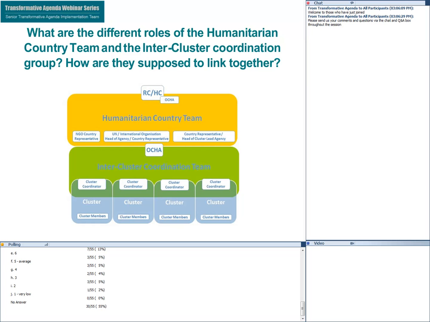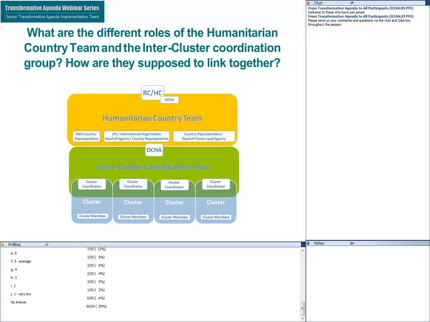So since it's fairly clear what the HCT is supposed to be doing and what is the membership of the HCT and the roles and responsibility of the clusters, the question is, why isn't it working as it should work in the field? Why are we seeing in all of our operational peer reviews and in lessons learned a concern over a gap and a lack of appropriate linkages between the HCT and the Intercluster Coordination Group?